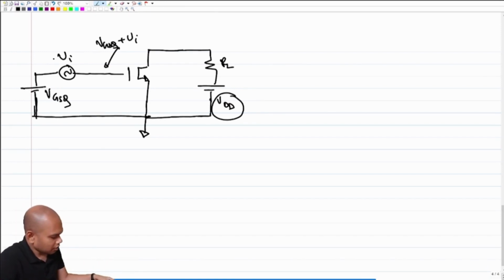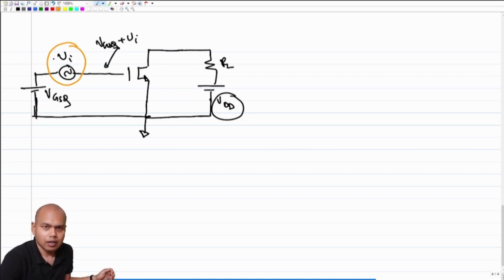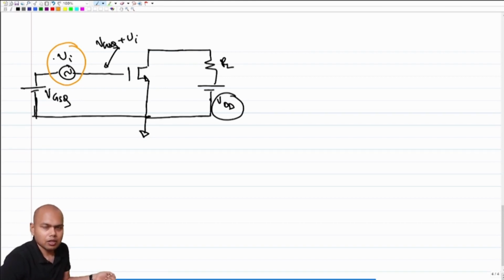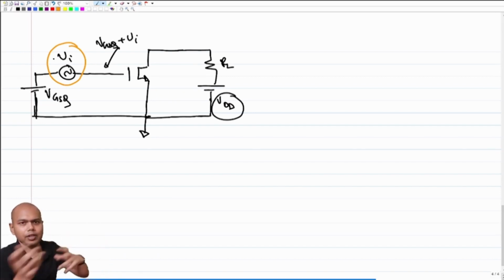The terminal at the gate of the MOSFET will be VGSQ plus Vi, right? If you can do that, this will work. But there is another issue. The issue is, how would you get this Vi? Very often you don't have access to both terminals of the signal source. One very common example is when one stage is driving another stage.